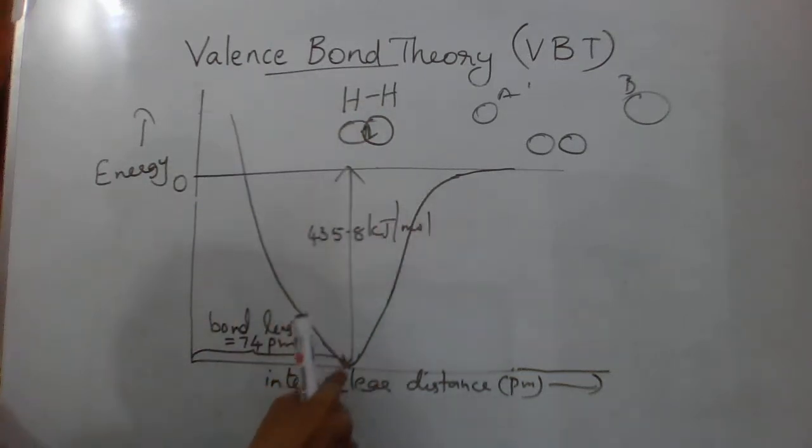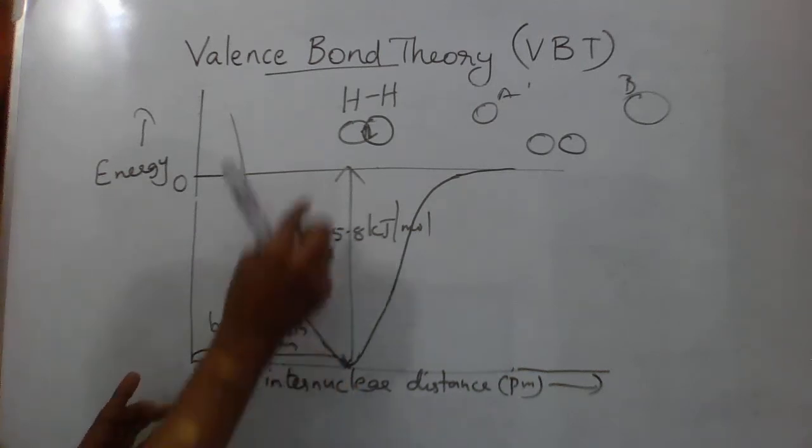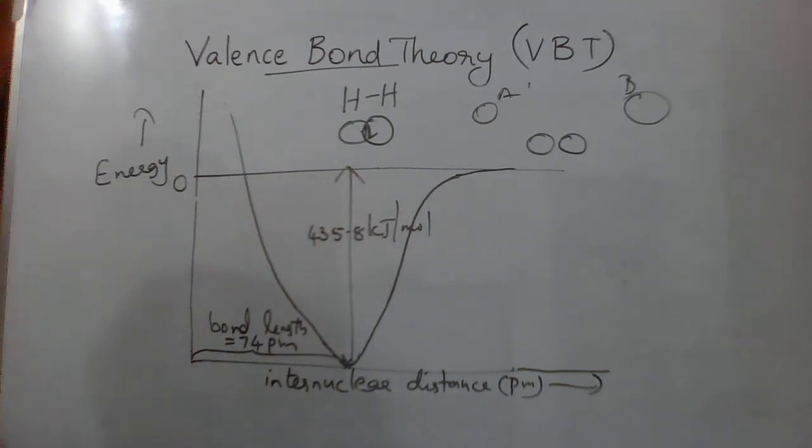The amount of energy released during the formation of H2 is called bond enthalpy. And the internuclear distance between the two hydrogen atoms in this overlapping condition is called bond length.